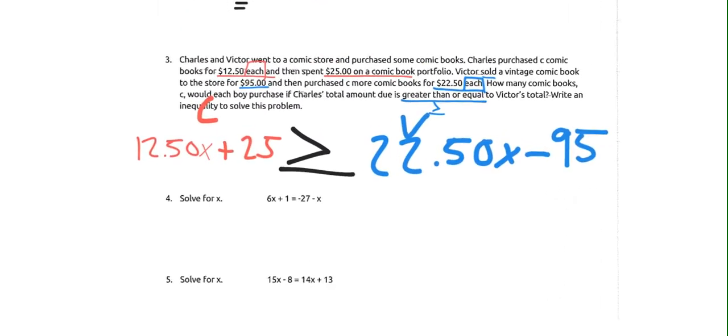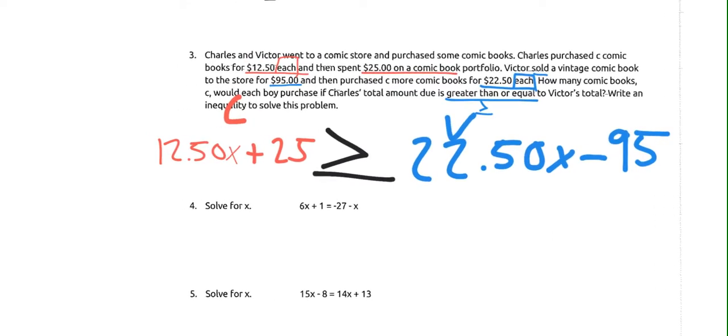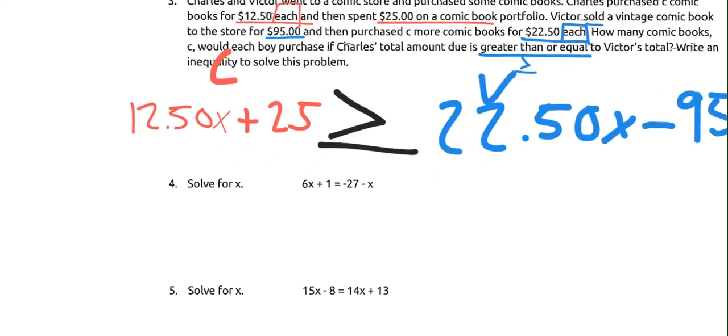If you're not sure why we're subtracting, you might want to come ask me on this one-on-one because that's pretty tough. The fact is, we're trying to get a total for both guys, but for Victor, he sold that comic book to get money. So he's getting that $95 off of his total amount, which is why we're subtracting. Usually whenever you make money, it's a good thing, but this situation is a little backwards. Like I said, ask questions if you've got them, and I will come help you out.